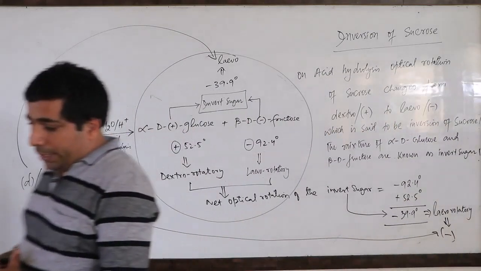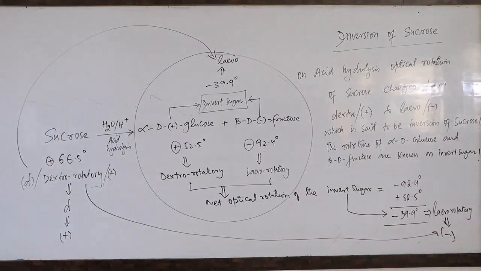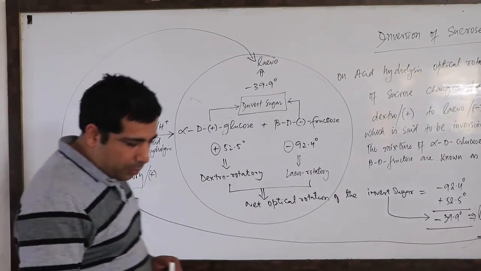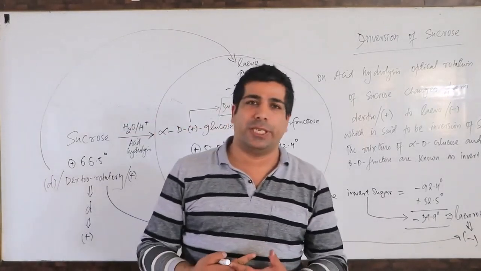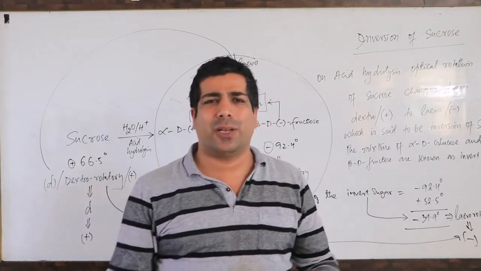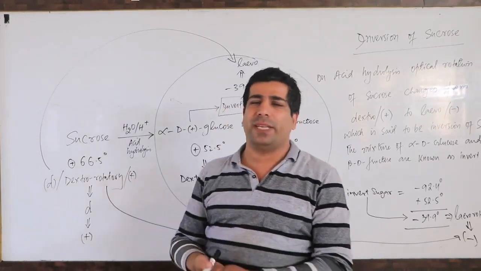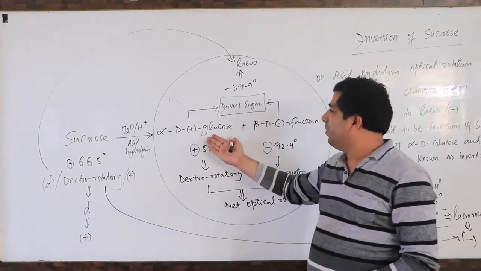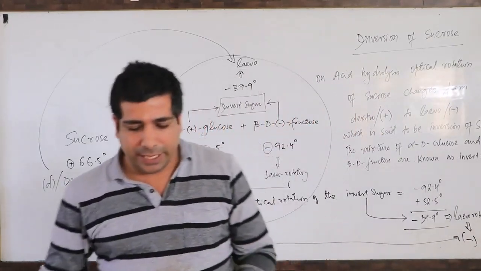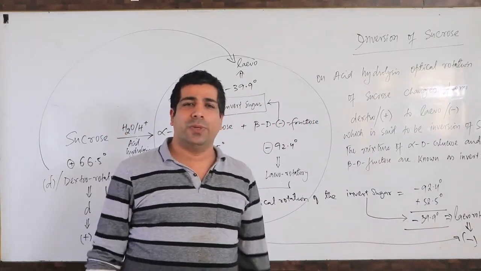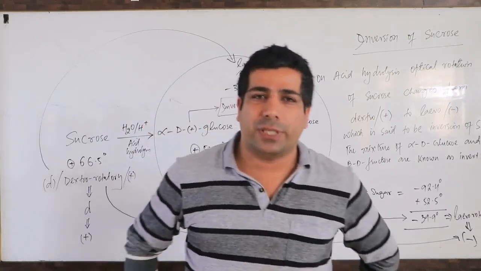So, in tomorrow's class, I will be dealing with the formation of sucrose, how the formation of sucrose takes place. And obviously, sucrose will be made from two monosaccharides, and those two monosaccharides will be alpha D glucose and beta D fructose.